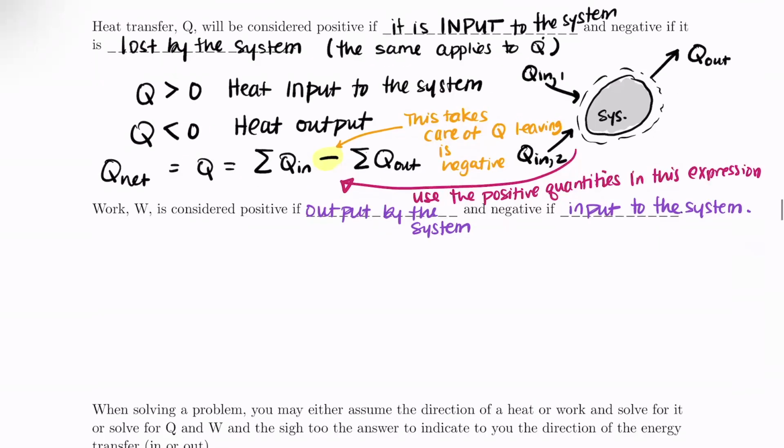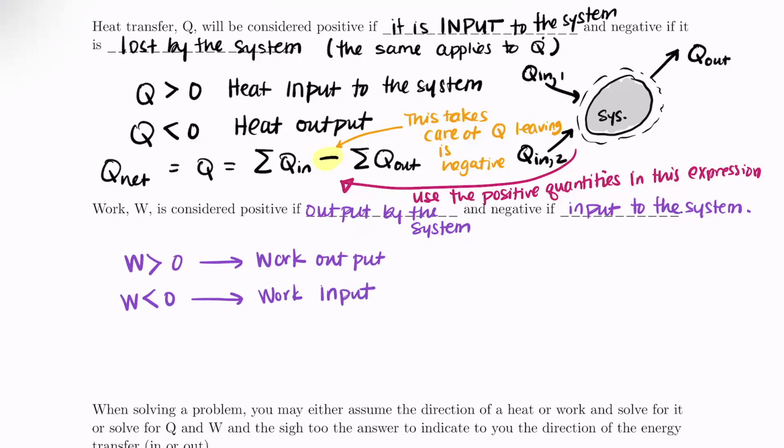Okay, so the convention is that if W is greater than 0, this is work output. If work is less than 0, this is work input. All right, so note that this is opposite.